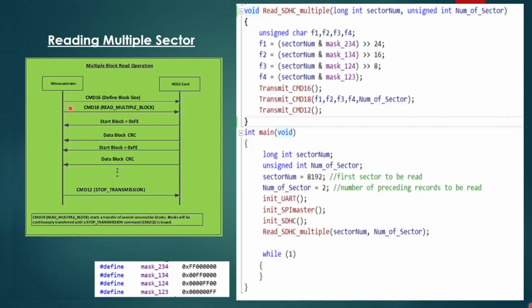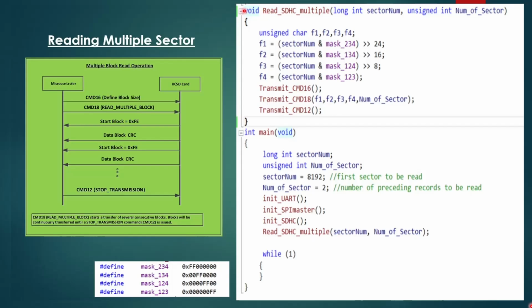Once we send command 18, we wait for the SDHC to send the message FE, which means that it's ready to send data, and we go and get the data. Next, we do the same: wait again for FE, and then we get the data. And when we're done getting all the data, we send command 12, which says stop the transmission. We are basically done. So let's look at the actual code.